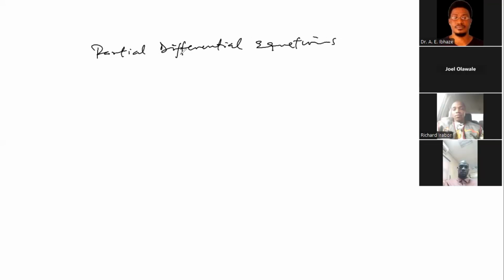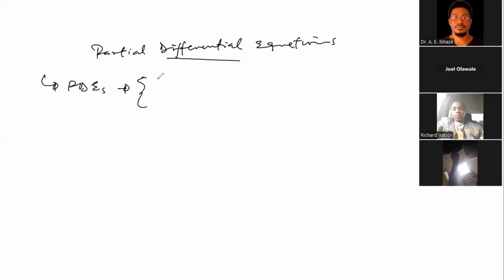Partial differential equations are equations defined in functions of x and y. We keep one of the variables constant and differentiate with respect to the other one.